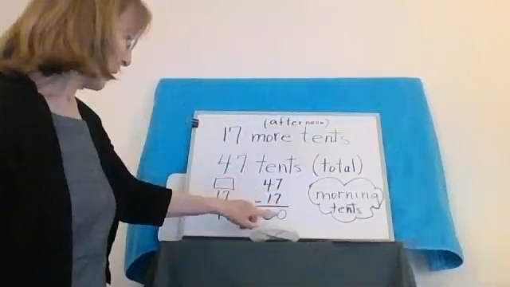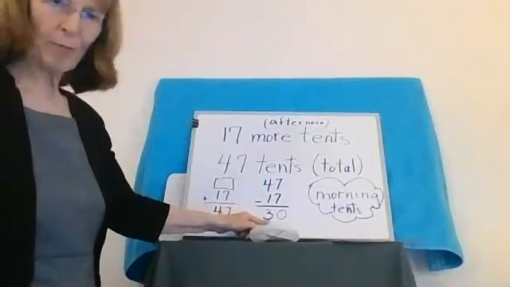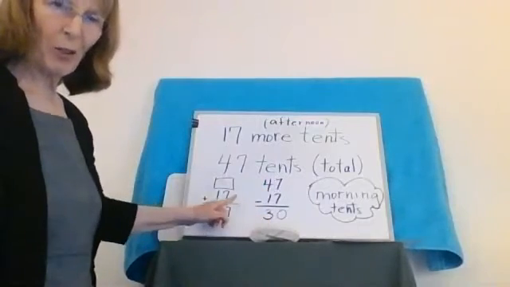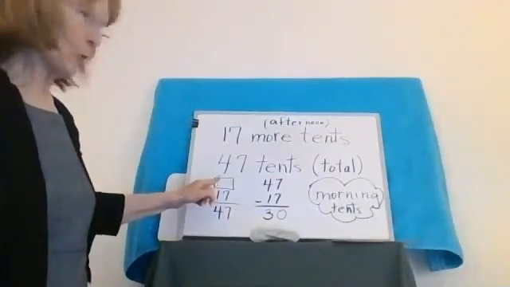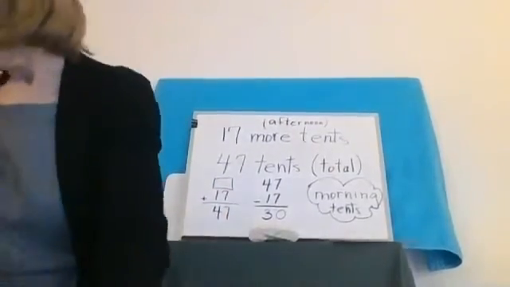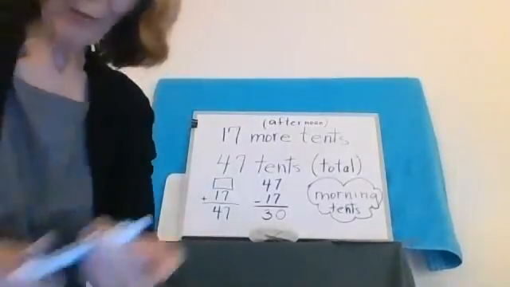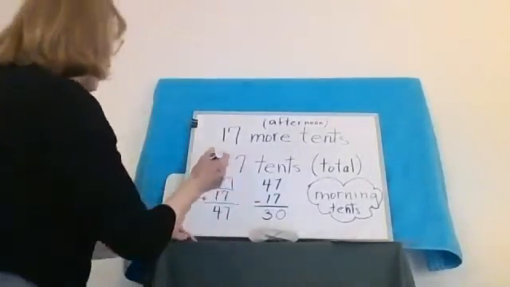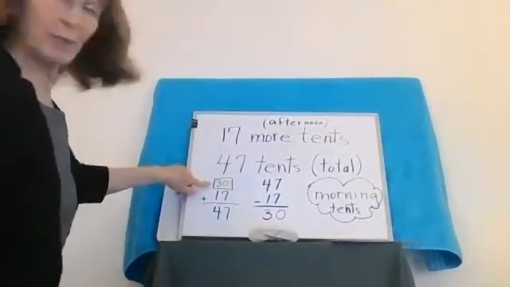7 minus 7 is 0. 4 minus 1 is 3. That makes 30. Now I wanted to check, would 30 fit in that box? Let's try. Let's put 30 here. You see that 30?